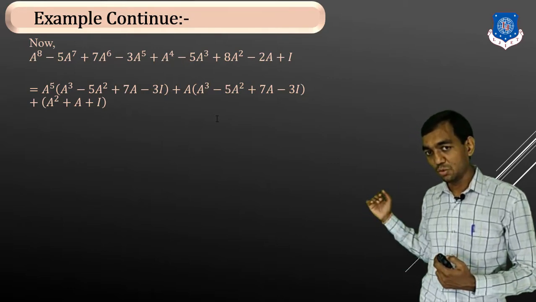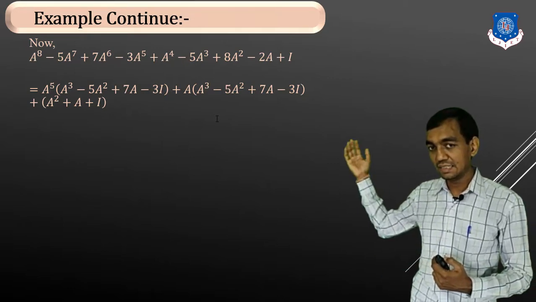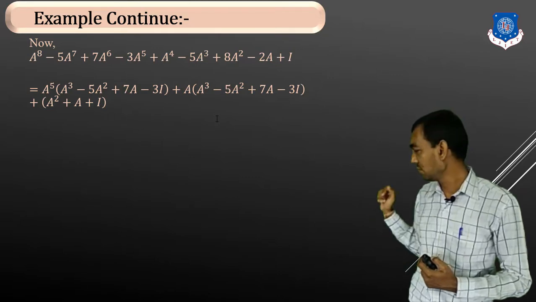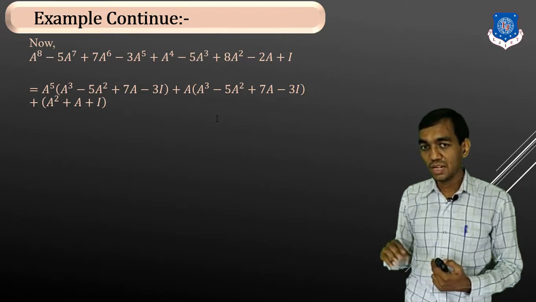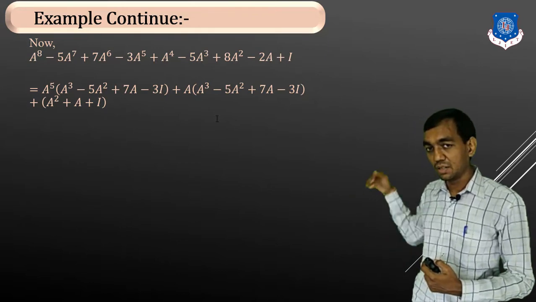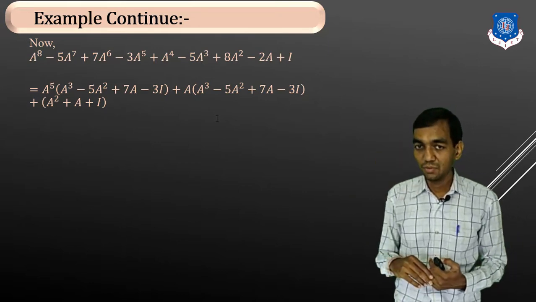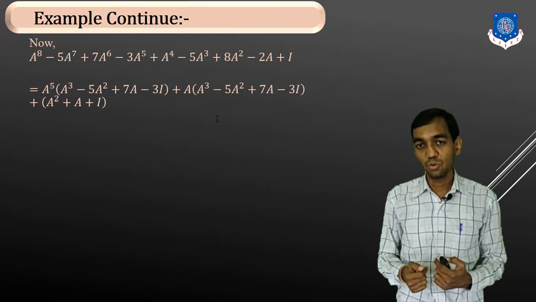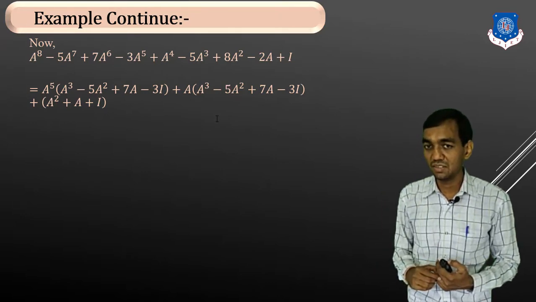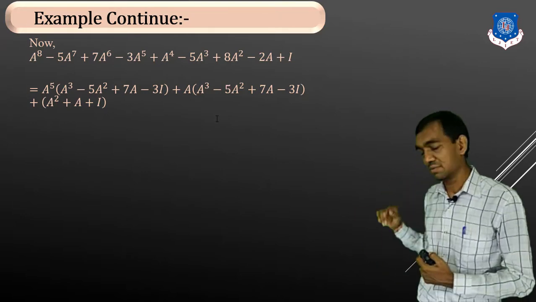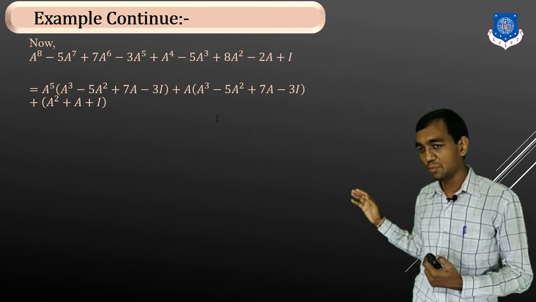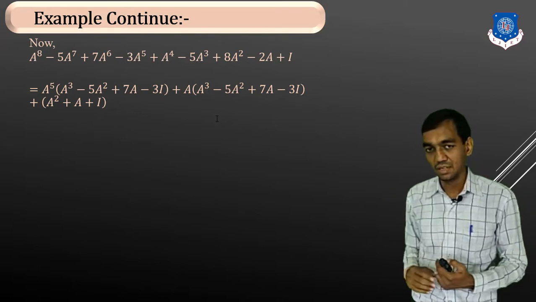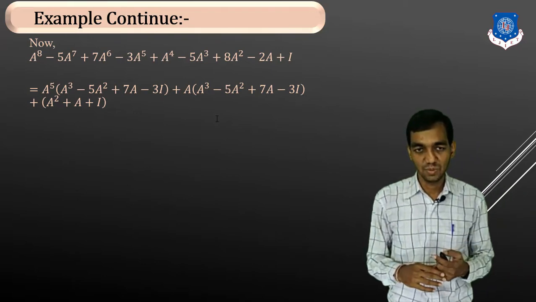But you have 7A square and there is 8A square. So 1A square is left. So we are writing plus A square. Same manner you will have minus 3A. But in the original expression we have minus 2A. So to reduce it to minus 2A, you have to add plus A. And I is left. So we are writing plus A square plus A plus I.